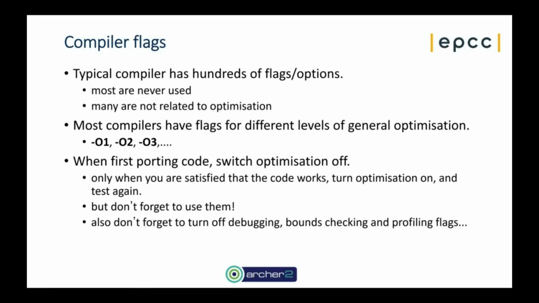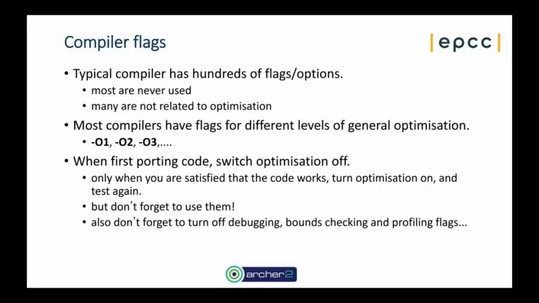Compilers have optimization functionality built into them, but generally you have to control that as a user, because there's this balance between correctness and optimization, particularly for floating point arithmetic. The compiler won't always have all the optimization turned on all the time. Depending on what compiler you use, some compilers by default will have no optimization turned on, and other compilers will have some or a lot of optimization turned on.